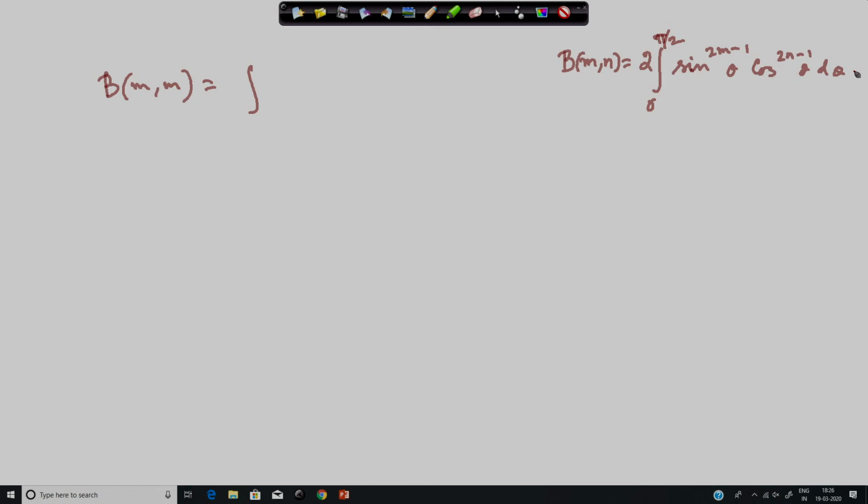If I put both equal to m, it becomes sin to the power 2m minus 1 theta cos to the power 2m minus 1 theta d theta. Now, how to write this? You see, sin 2 theta equal to 2 sin theta cos theta.